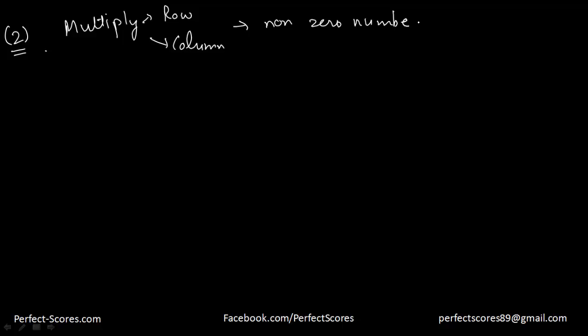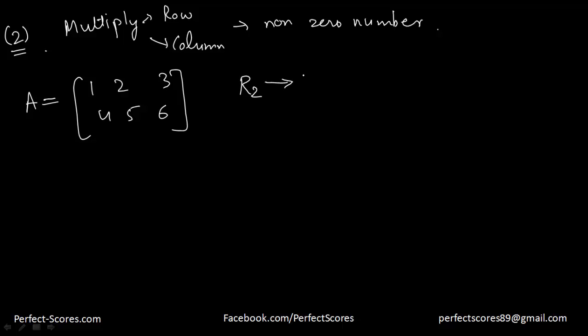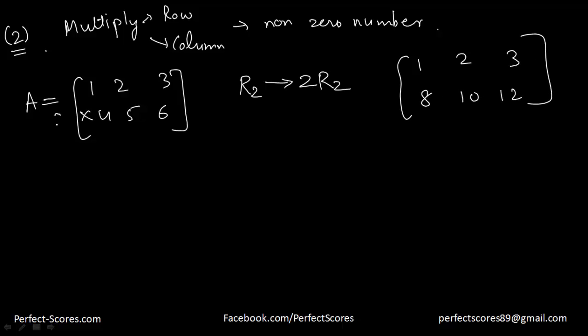Let's suppose the matrix is 1, 2, 3, 4, 5, 6, and you multiply row 2 by 2. The matrix you get is going to be 8, 10 and 12. You multiplied this whole row by 2, and this is how you denote it.